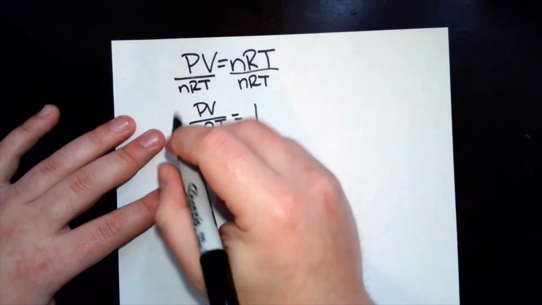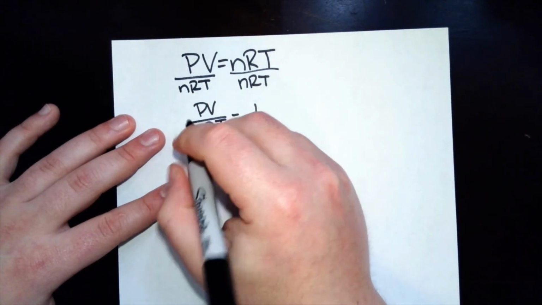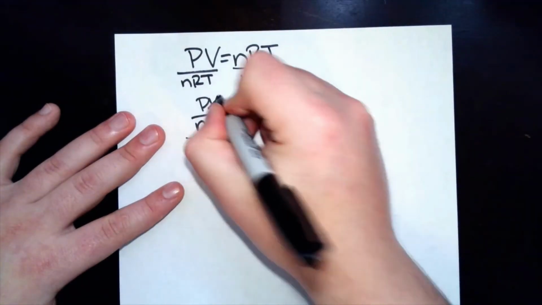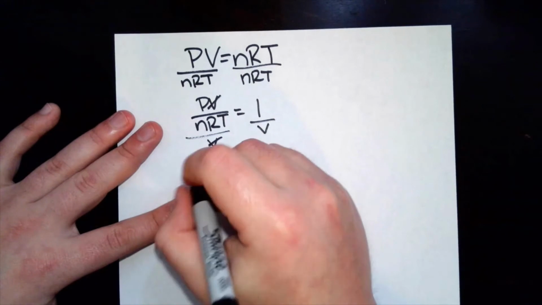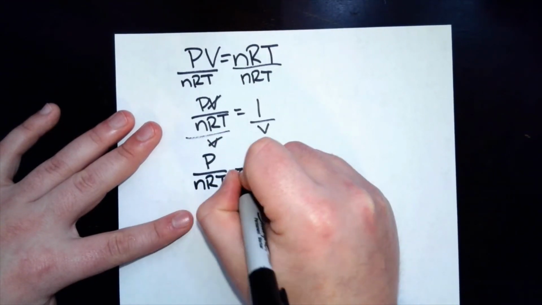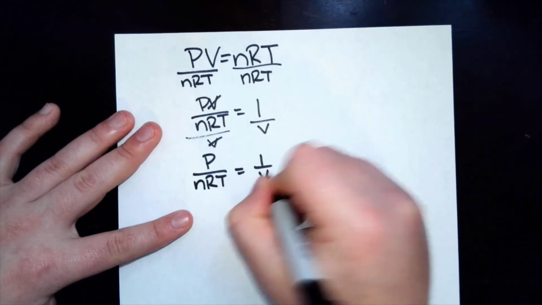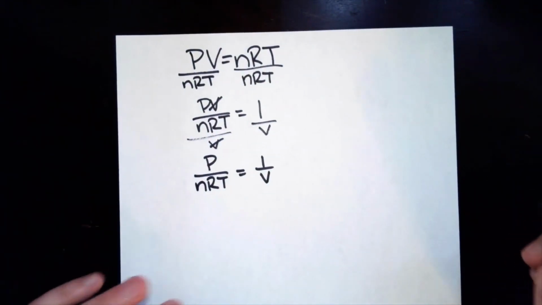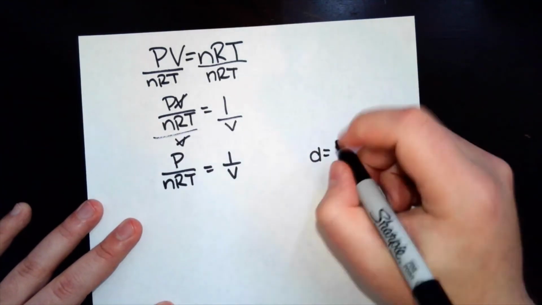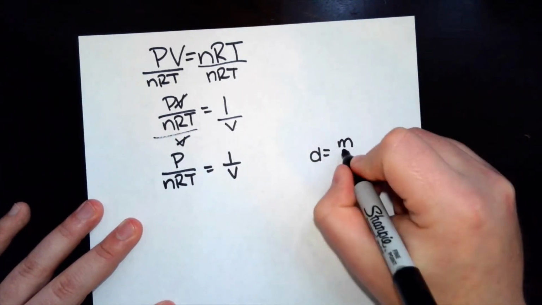And now I'm going to just divide both sides further by V. And you'll see in a moment why I'm doing this. So the V's cancel out here, and we get P over nRT equals 1 over V. Okay, so density, hopefully you remember, is the mass divided by the volume.